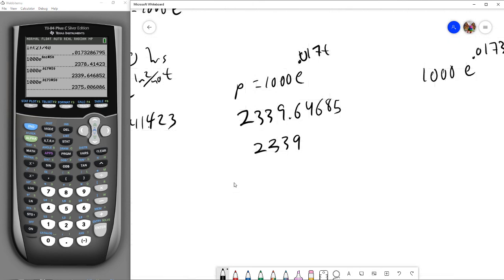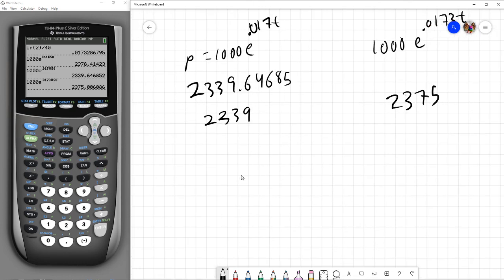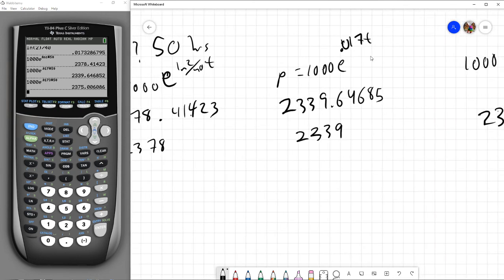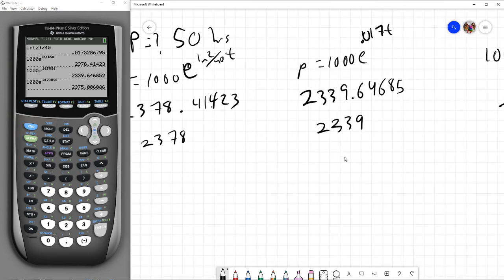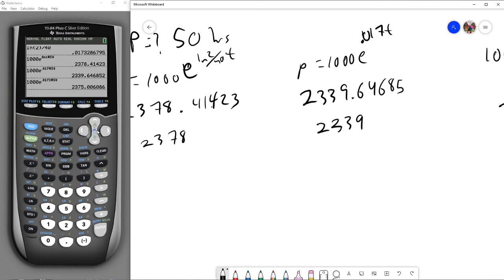So this would give us 2375. So notice by going out to 4 digits of accuracy, we're missing 3 animals, versus if we went 3 digits of accuracy, you're missing 39. Now I'm curious to see how many animals we would miss if we only went to 2 decimals. So this is 0.017, so I'm going to round this to 0.02.